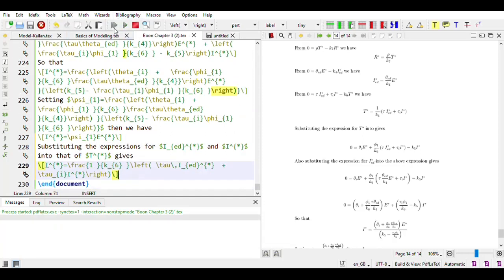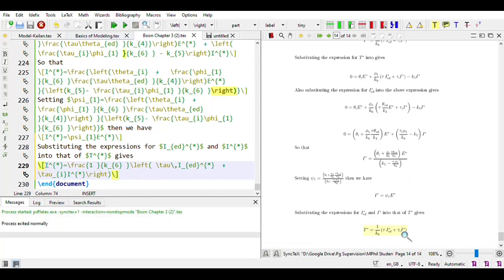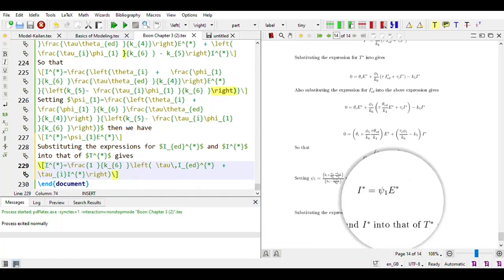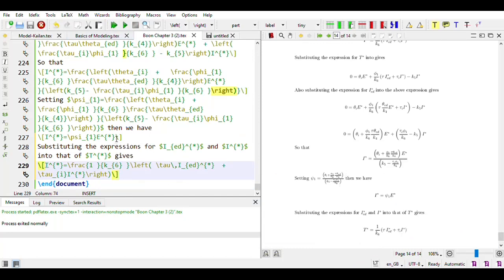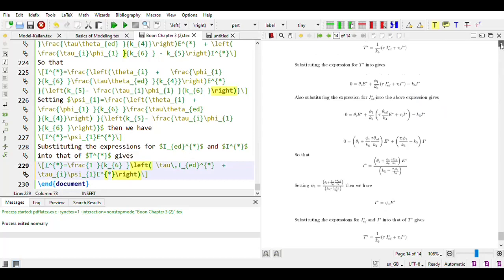So in place of I, we put the expression there, which is psi1 E. So we replace I star in terms of psi1 E star, and then we had found I_ED.